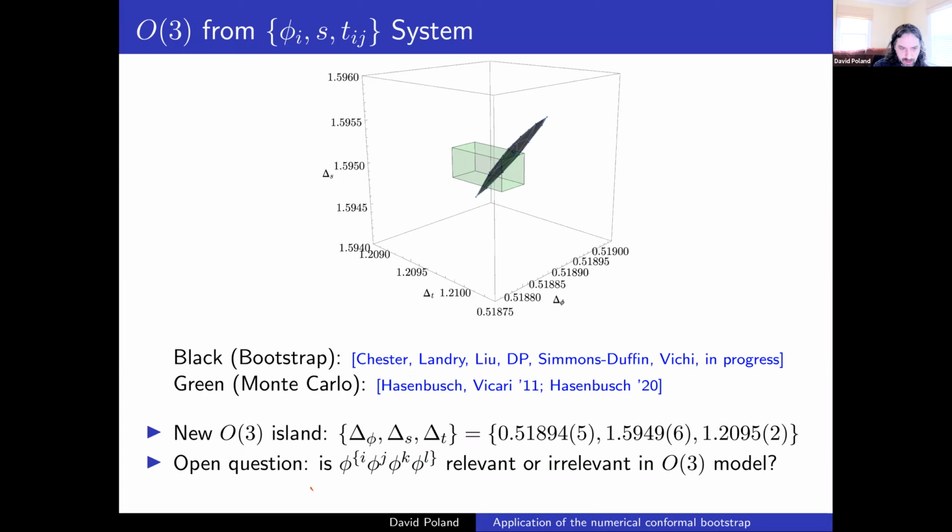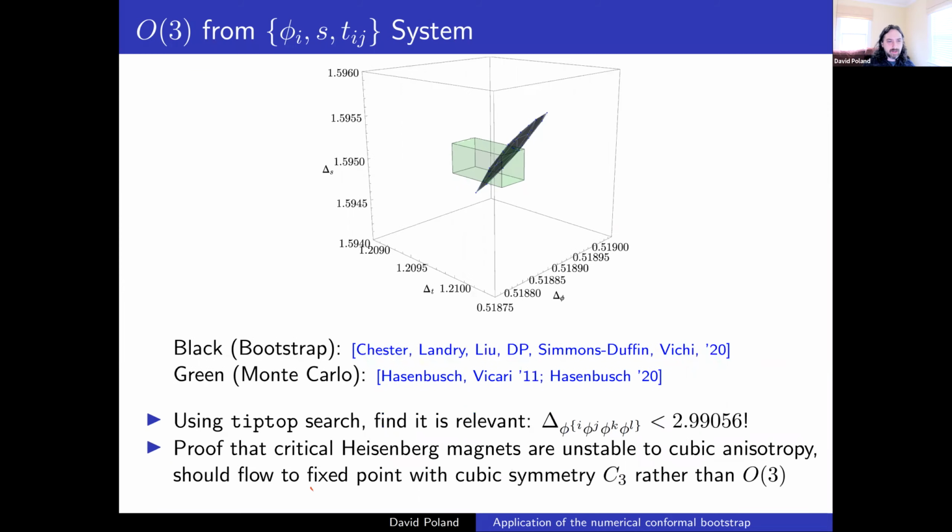So we tried to take on this rigorous approach in our study. And in order to do that, we use what I called a Tiptop search, where we want to move around in this 3-dimensional island and maximize the scaling dimension of this 4-index tensor.